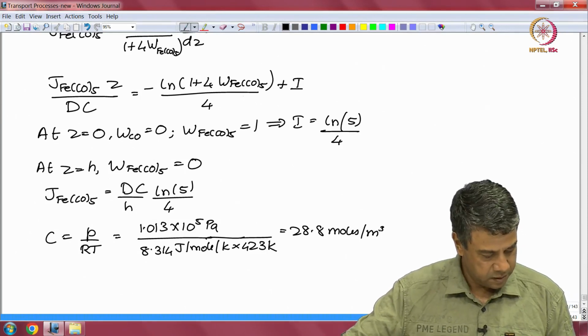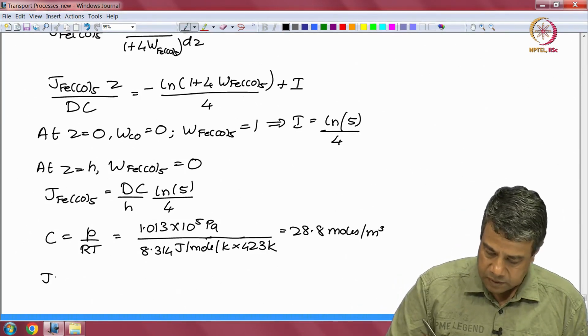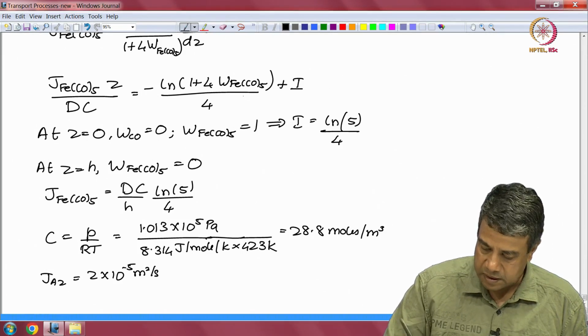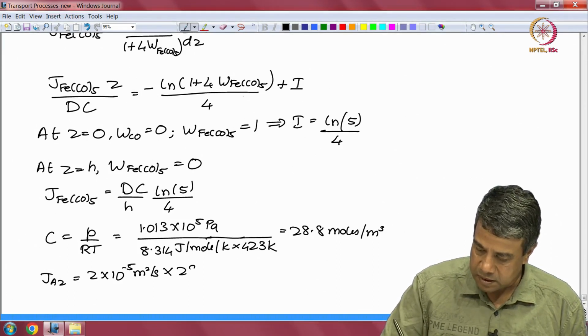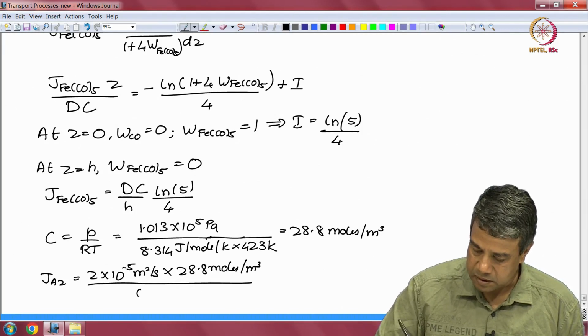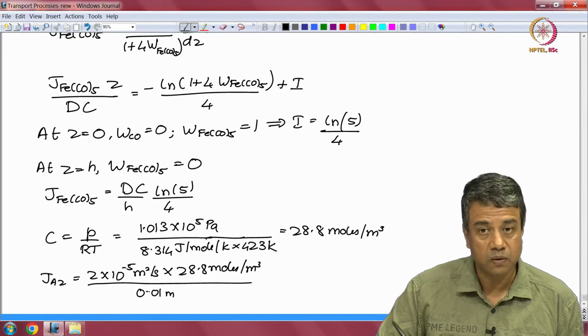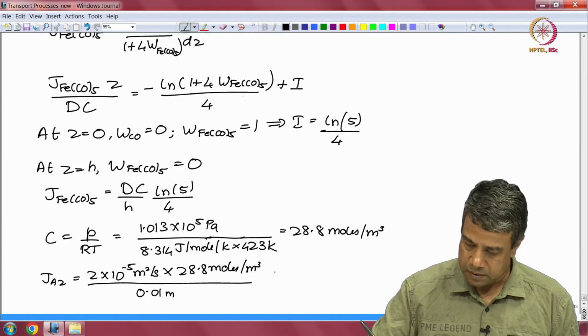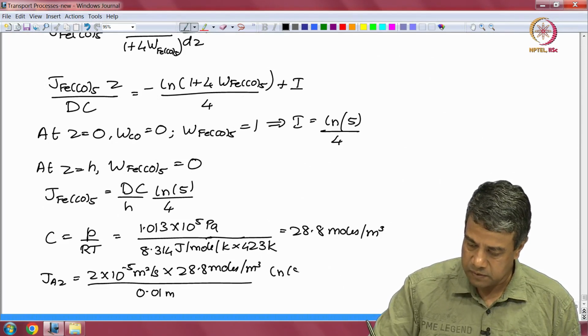Therefore, J_FeCO5 is equal to D, which is 2 into 10 power minus 5 meter square per second, into c, 28.8 moles per meter cubed, by H, which is 0.01 meter, 1 centimeter, times natural logarithm of 5 by 4.